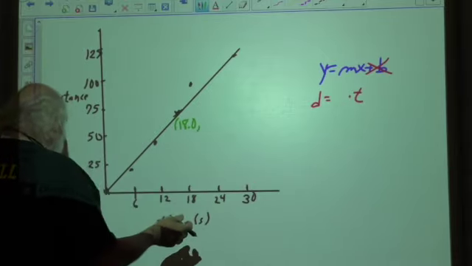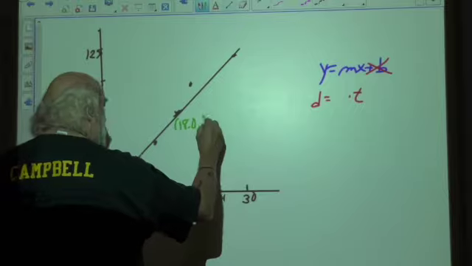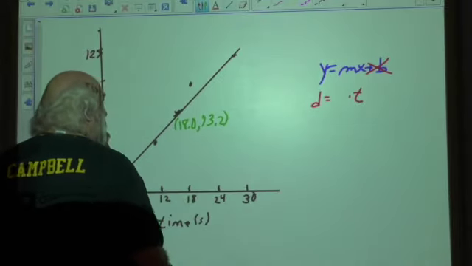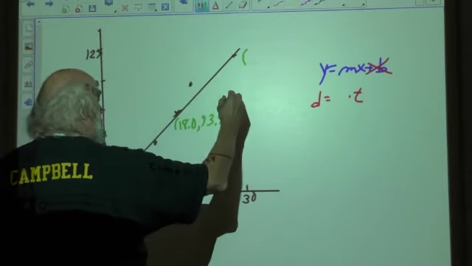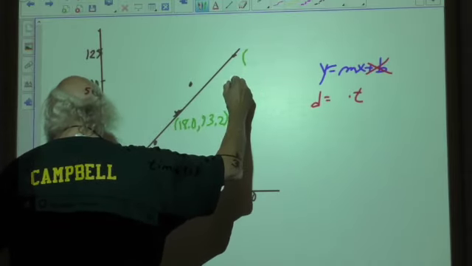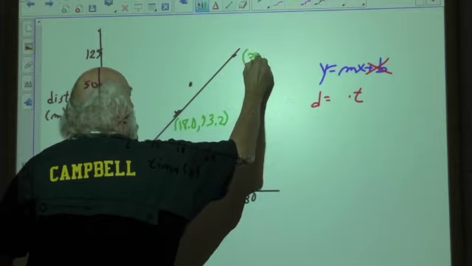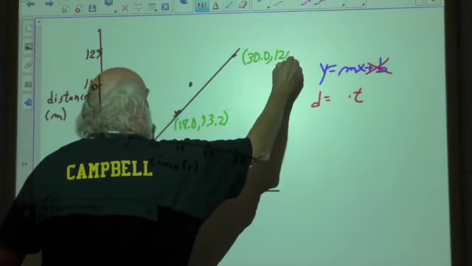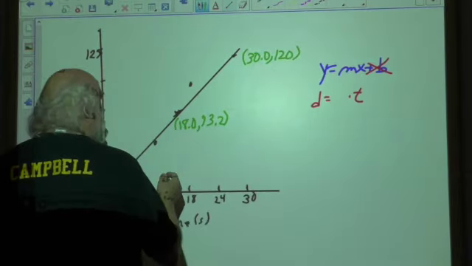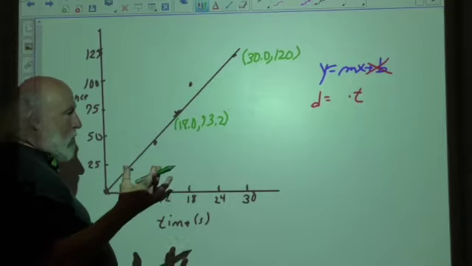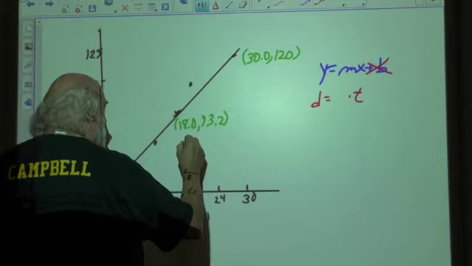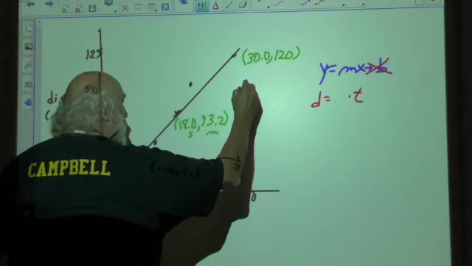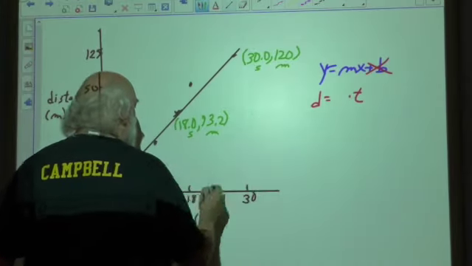X first is 18.0, and then the Y is 73.2. And then over here, this point here is 30.0 and 120. It's probably not a bad idea to include the labels, just so we have the labels in the final analysis here. So this is seconds and this is meters, this is seconds and this is meters.